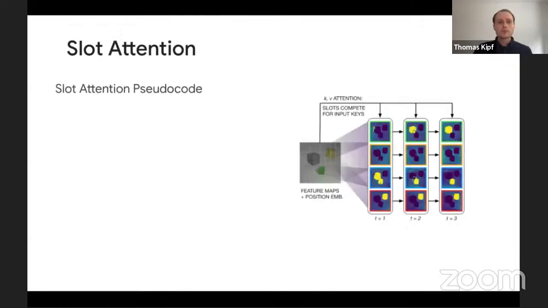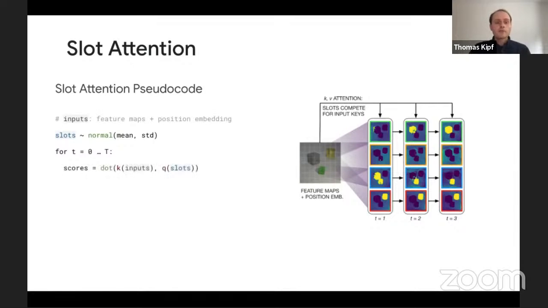And the way we instantiate this module is effectively by a simple, learnable clustering algorithm. So we start by sampling slot representations from a Gaussian distribution for which we have a mean and a standard deviation that we predefine or learn. And then for a number of time steps, so it's an iterative module that we apply maybe up to 3 time steps, we perform an attention mechanism that is just a dot product attention between inputs and the slot representations from the last time step, with some learnable projections, like key and query projections here, which are linear matrices.